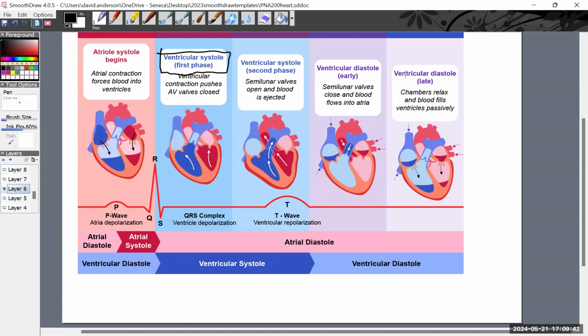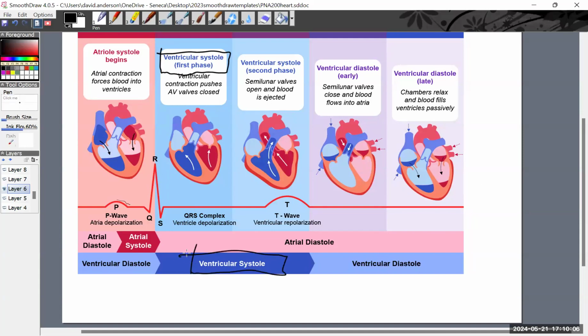And in ventricular diastole, mid to late, chambers are relaxed, blood fills, AV valves are open, semilunar valves are closed. Then the atria contract just at the end of this stage. So we get a contraction, which is our P wave. QRS is our ventricle, and so on.